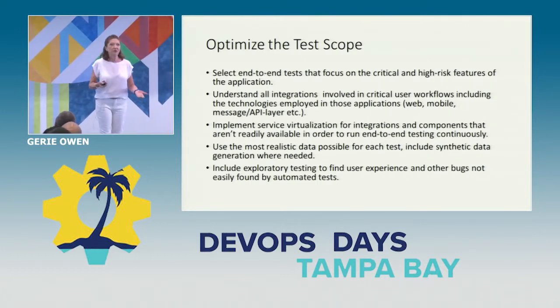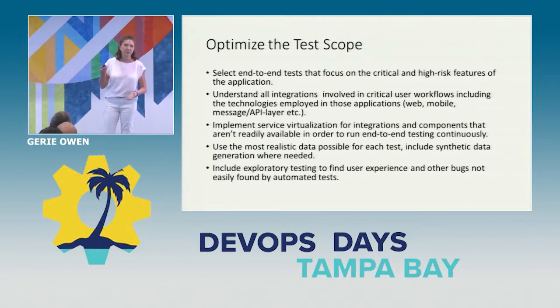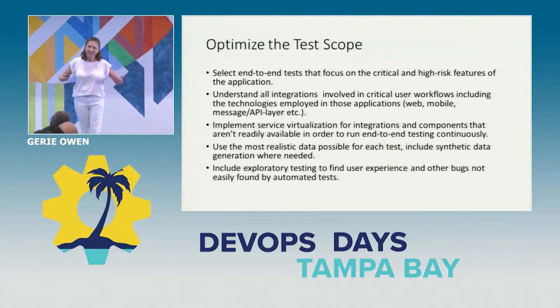I think both of those are really important in DevOps because although it does take time to create the stubs and the drivers, that gets you that shift left. We want to use as realistic data as we can, maybe even synthetic data generation, but of course, if we do use real production data, we have to be totally certain of not violating any data privacy issues.